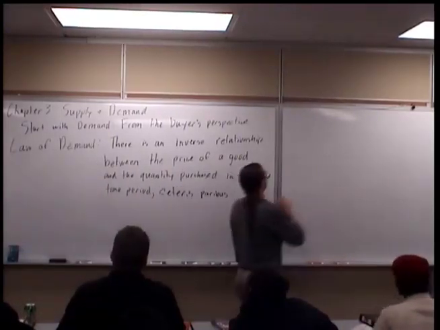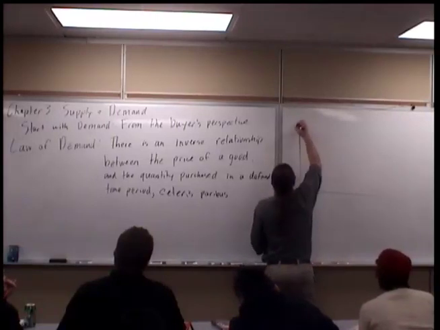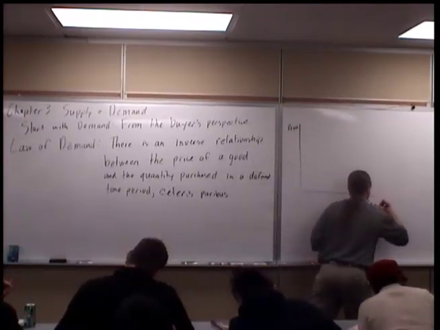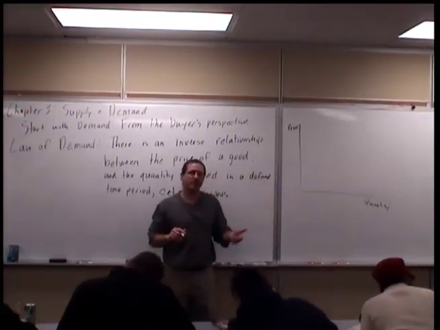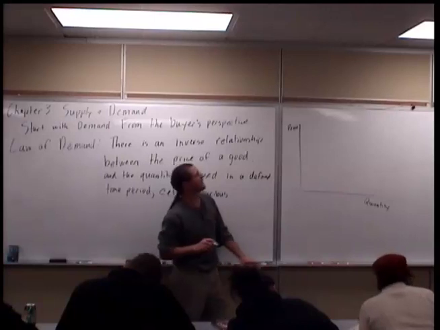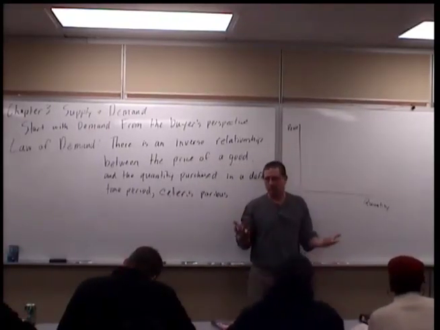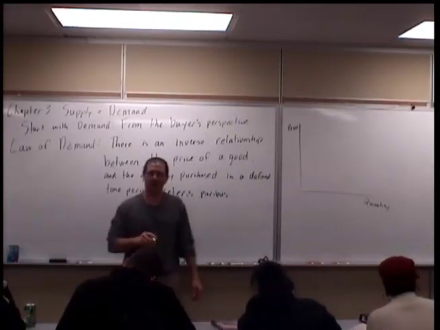So the key thing about it is that when we're dealing with price and quantity, and realize that after, well, probably starting sometime later on today, I will abbreviate price and quantity with P and Q. So your P's and Q's are price and quantity in economics, all right?